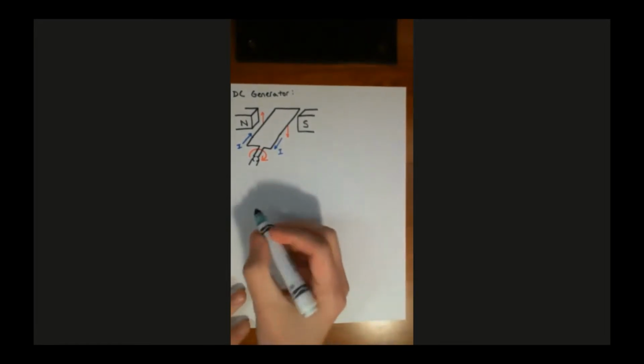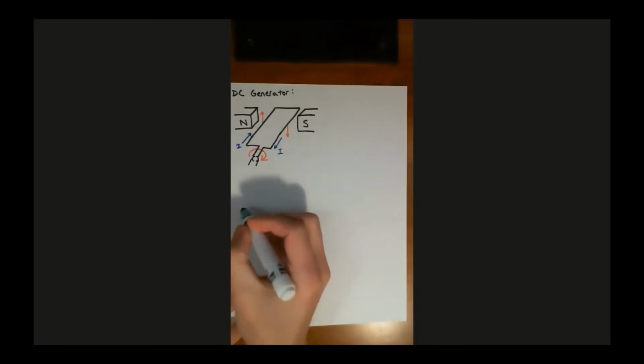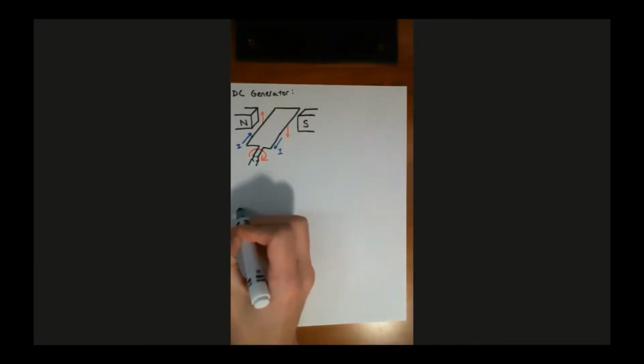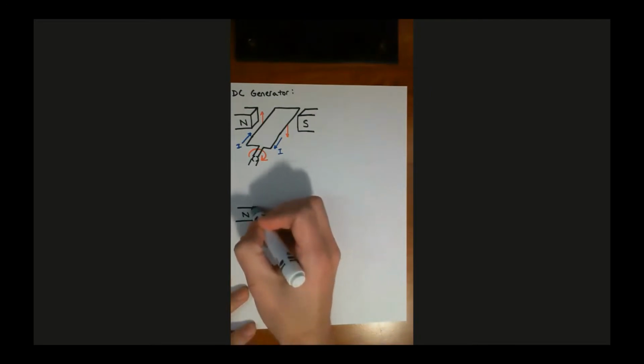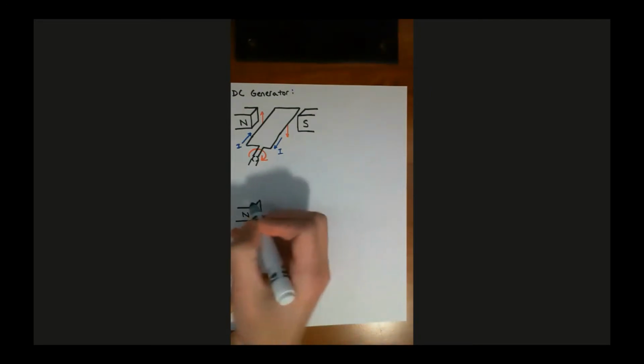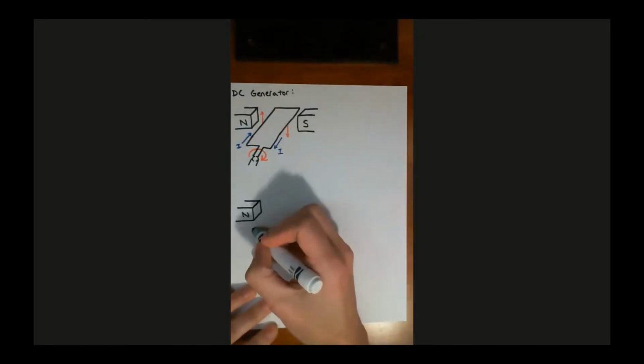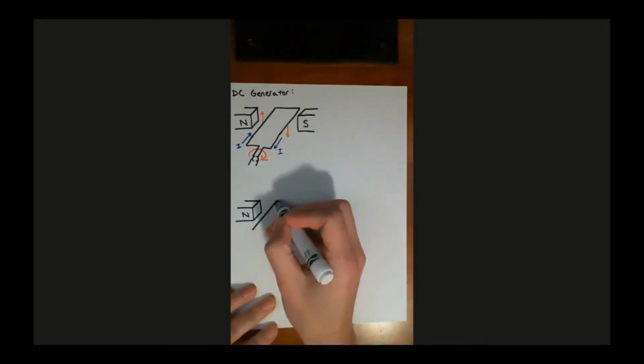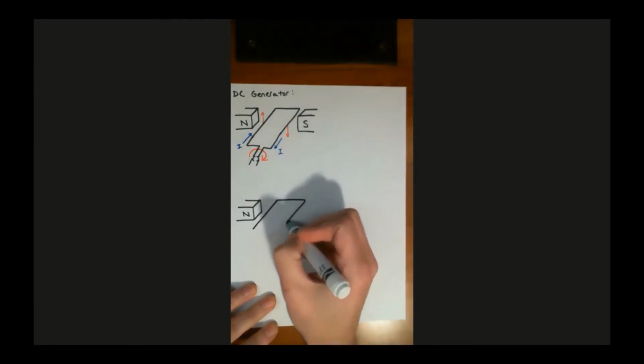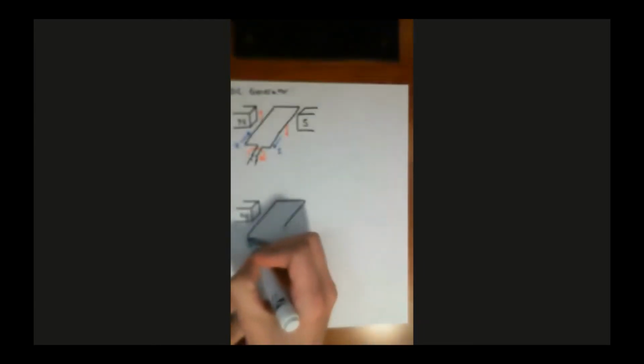So next I'm going to draw what is ultimately going to be a motor. So let's go ahead and draw a north pole. And then this is going to be a coil of wire, and I'm just going to draw it simply again with just one turn in it because that's simpler to think about.